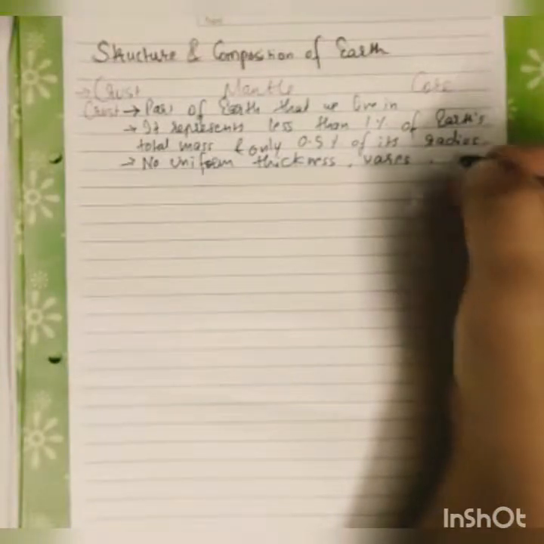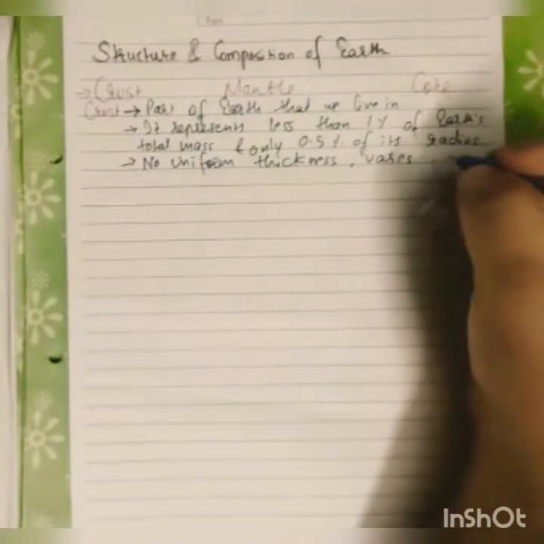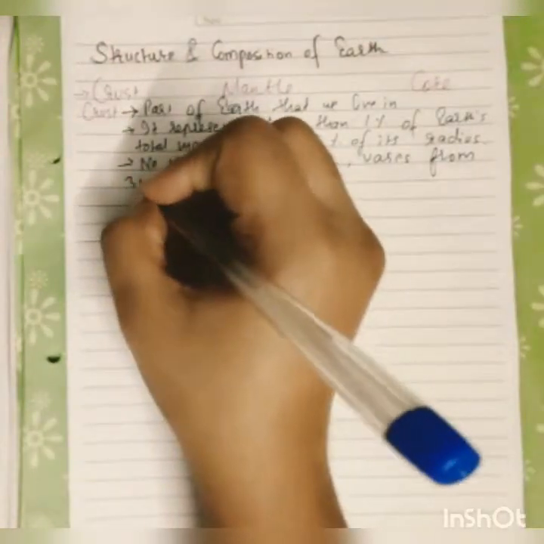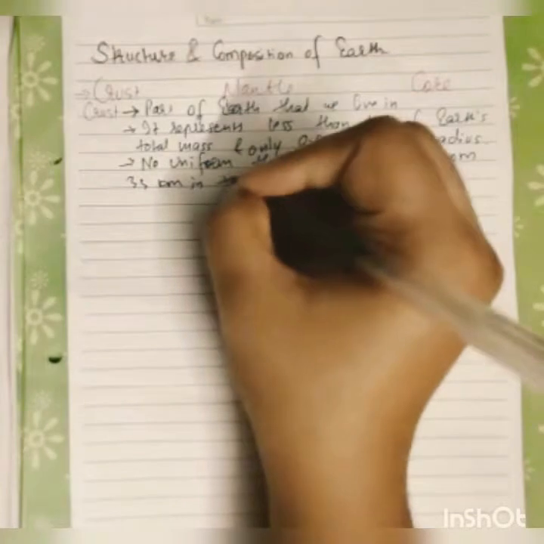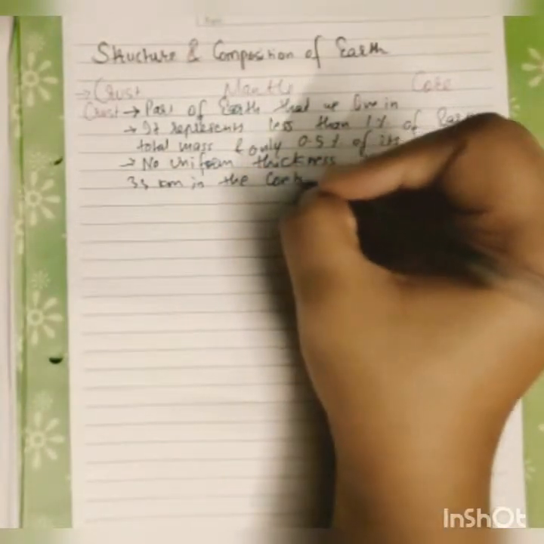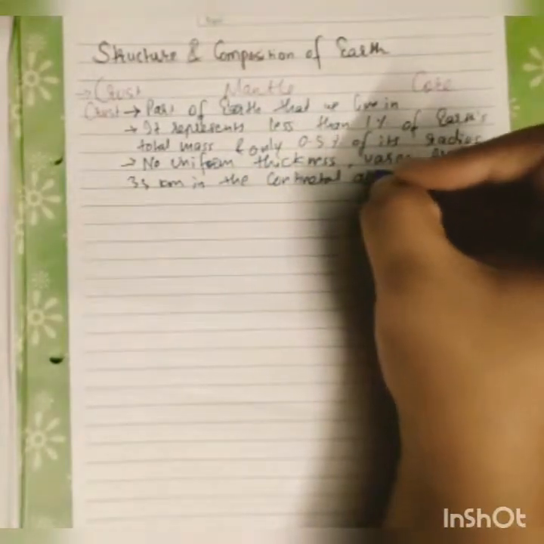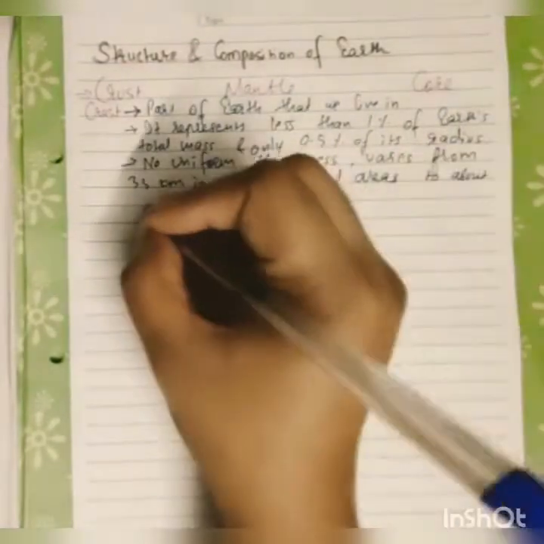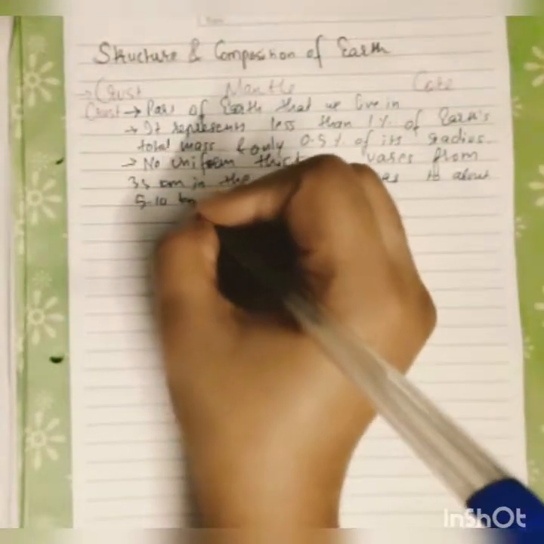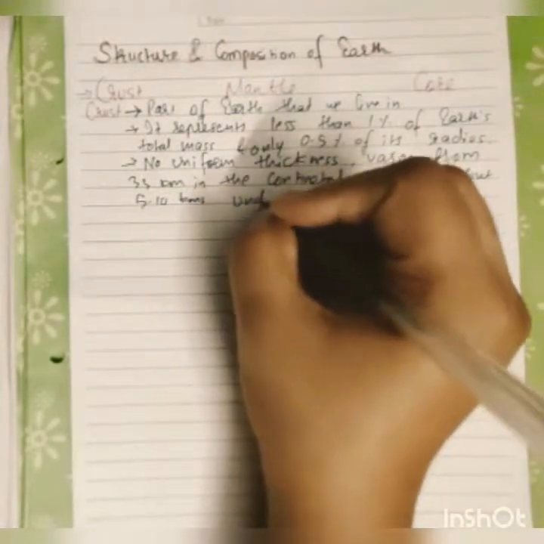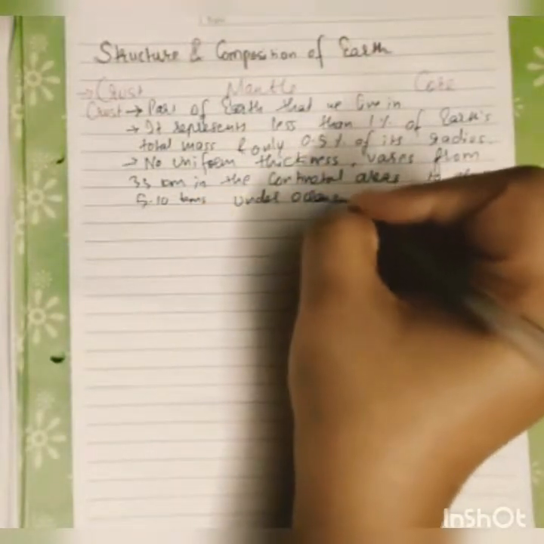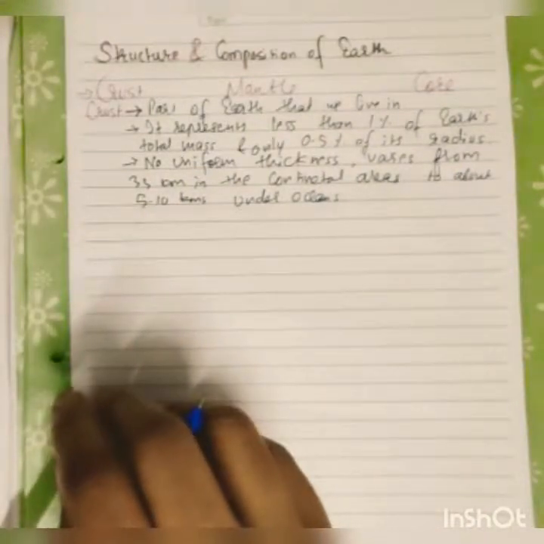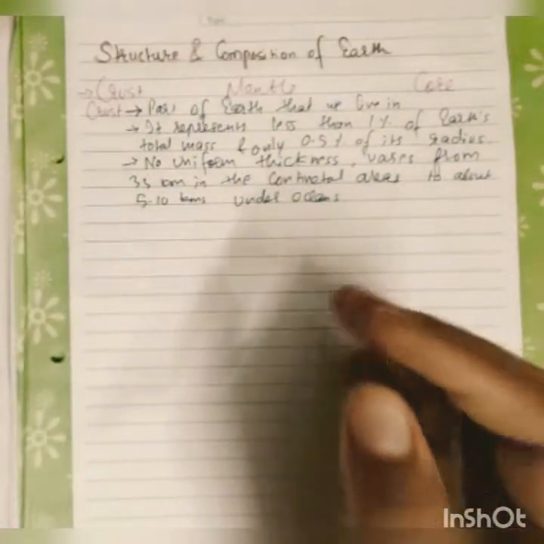The thickness is going to vary from maybe 35 kilometers in the continental areas to about 5 to 10 kilometers under the oceans. So the thickness in the continental areas is 35 kilometers and in the oceans is 5 to 10 kilometers.